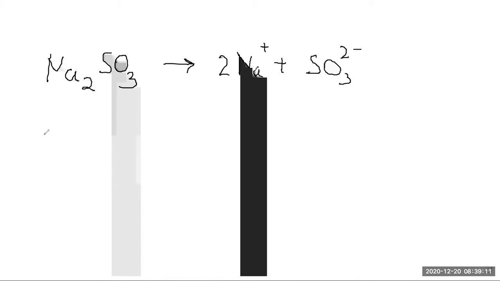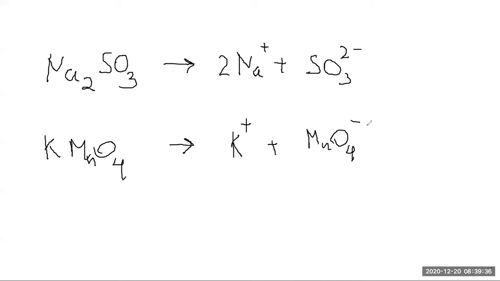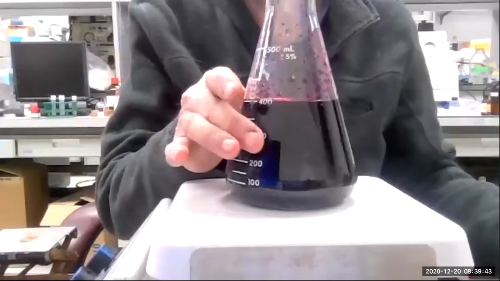And potassium permanganate dissolves in water to form one potassium ion and one permanganate ion. So far, everything looks pretty much the same as in the previous case.